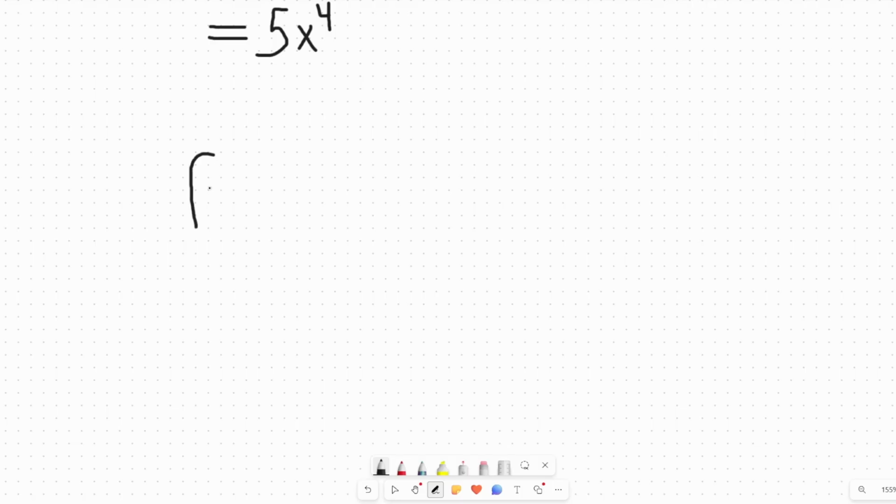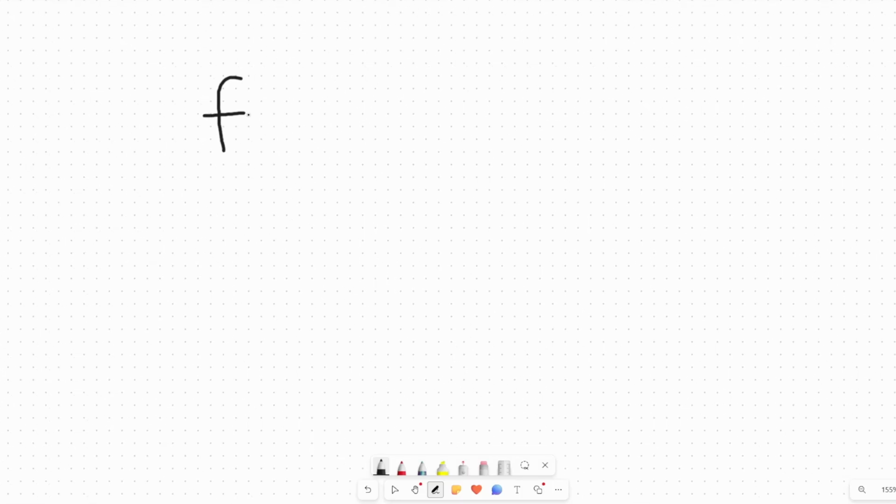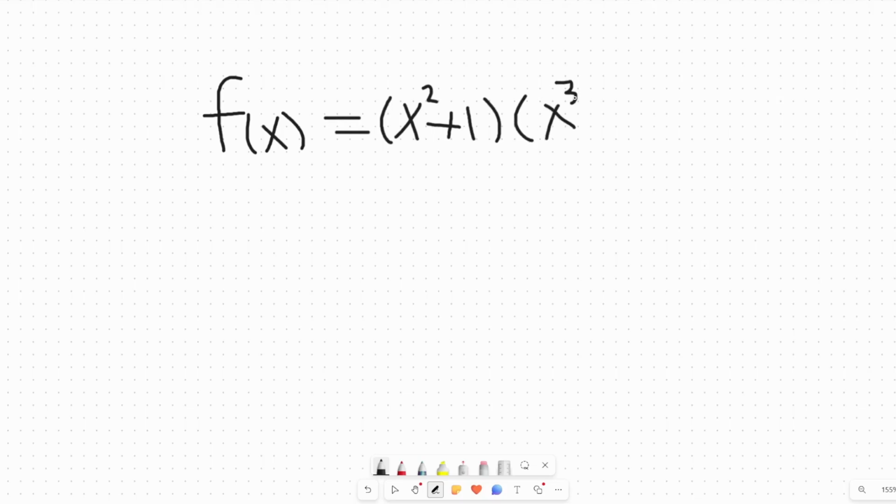So next question, we have f of x is equal to x squared plus 1 times x cubed. Now it looks similar to the previous one, but now we have the plus 1. So now f prime of x.